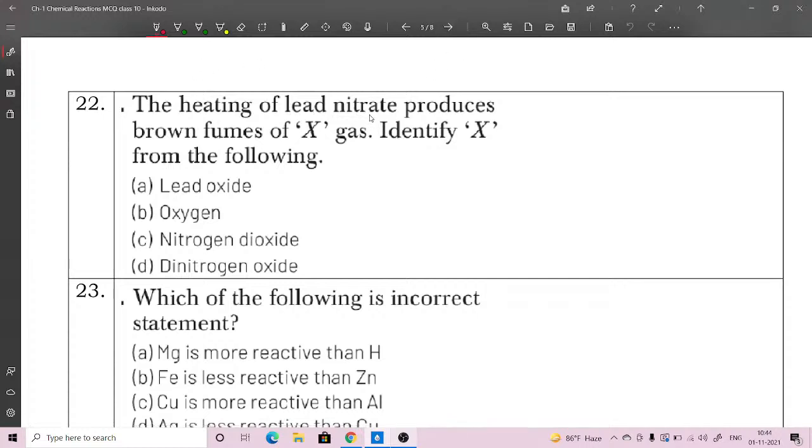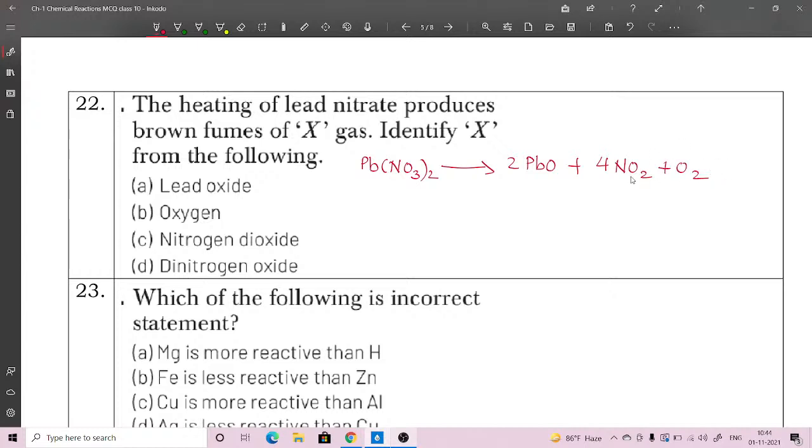Question number 22: heating of lead nitrate produces brown fumes of X gas. Identify X from the following. Let us write the reaction. We have lead nitrate, Pb(NO3)2. When you heat it, you get PbO plus NO2 plus oxygen.